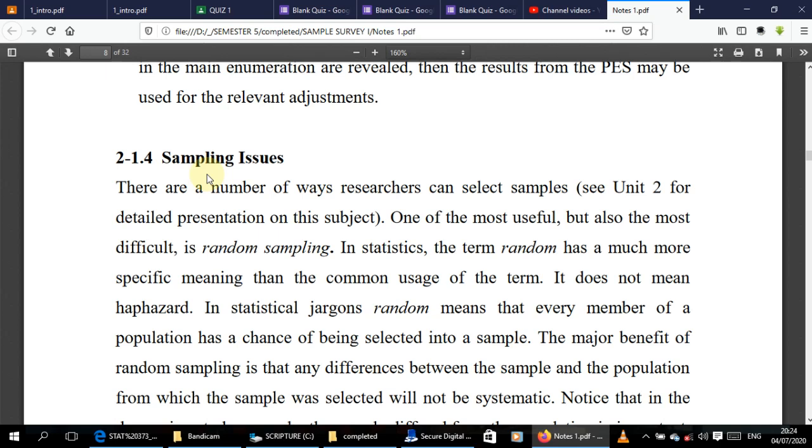So assuming there's a population of 1 million people and you are taking all of them in as your survey unit, imagine doing 1 million questionnaires will cost you a lot. You won't be able to do that. All right, so you would have to take a sample, maybe 1,000, 2,000, 3,000 to cut costs, isn't it?